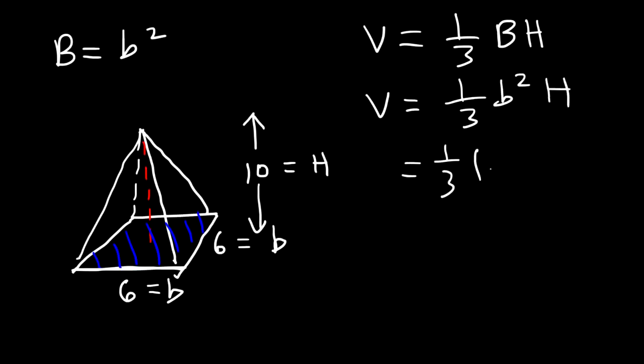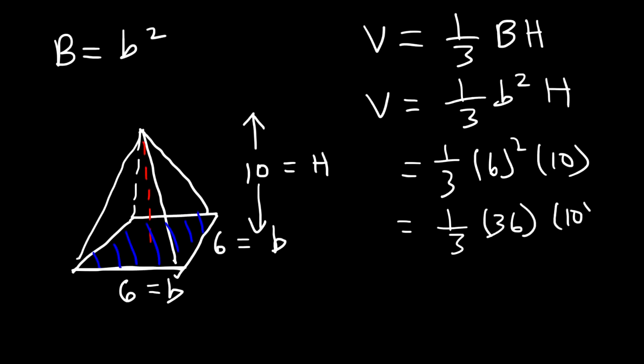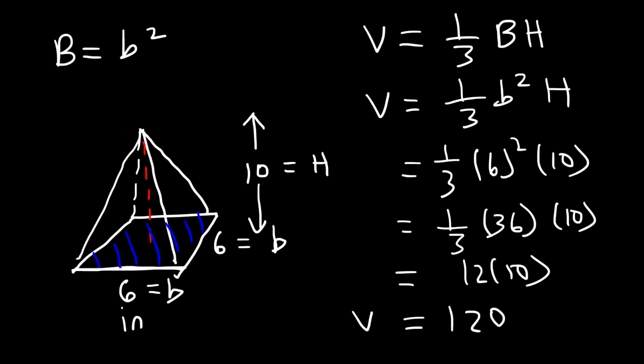So it's going to be 1/3, 6 squared times 10. 6 times 6 is 36, and 1/3 of 36, or 36 divided by 3, that's 12. And 12 times 10 is 120. So the volume is 120 cubic units. So let's say if this was 6 inches, the volume would be 120 cubic inches if everything was in inches.